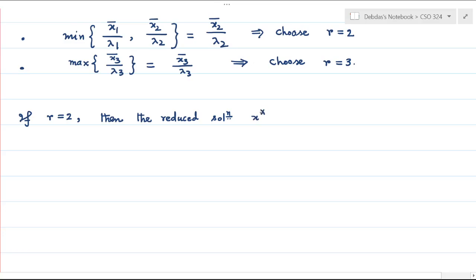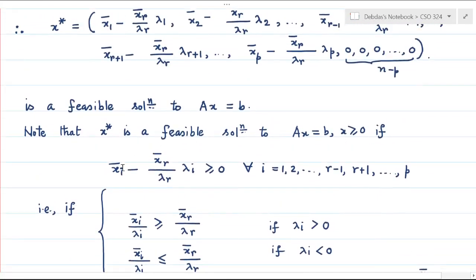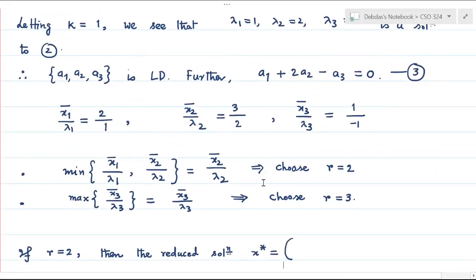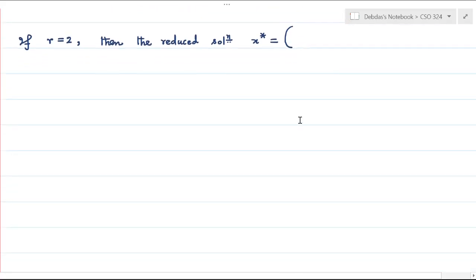x star is given by, in what way we can find x star? X star will be given by these expressions. All the components are here. This is your x star, x1 bar minus xr bar divided by lambda r into lambda 1 and so on. So these are components. Let me just write x star. X star is given by, the first component is x1 bar minus xr bar divided by lambda r into lambda 1.